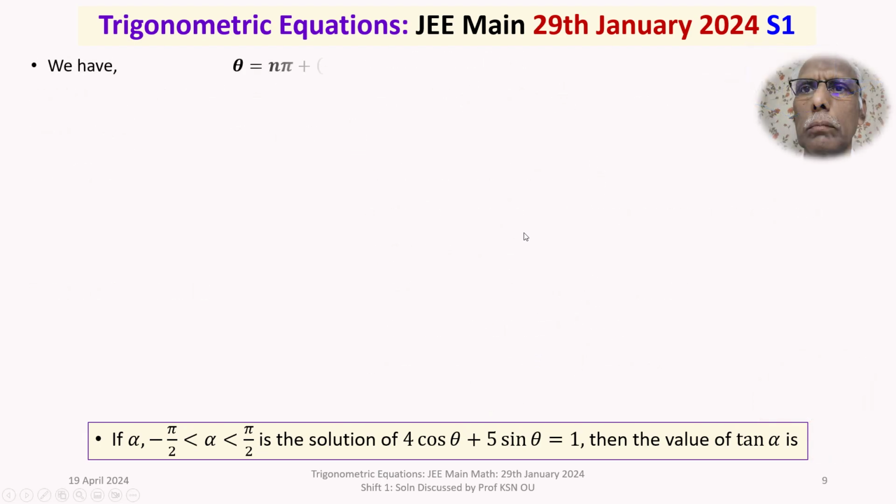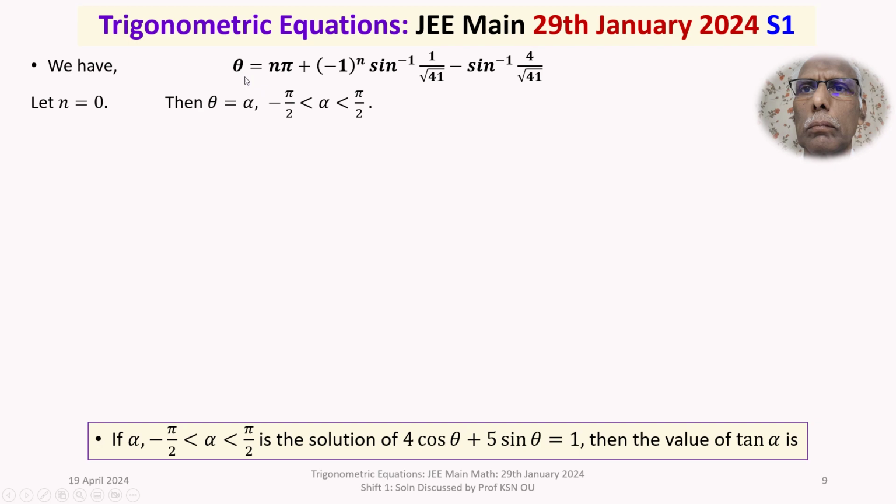We have that general value, and let n be an integer, and let us take n equal to 0. Then what do you get? It is 0, and the power term is 1 only. So theta is equal to alpha only.